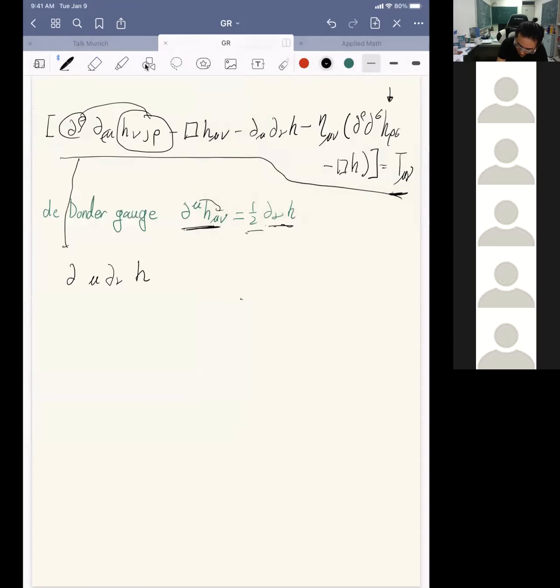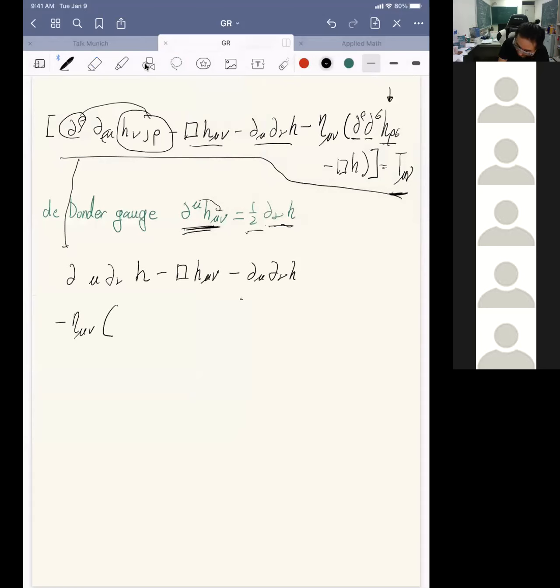And then the next term here, nothing changes. Nothing happens for this term, so this is just box h_μν. And I'm going to have a minus ∂_μ ∂_ν h from this guy. And then I'm going to have a minus η_μν. Here I'm going to have ∂^ρ ∂^σ acting on h_ρσ.